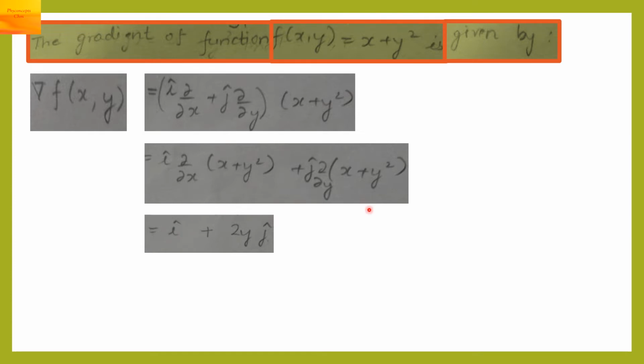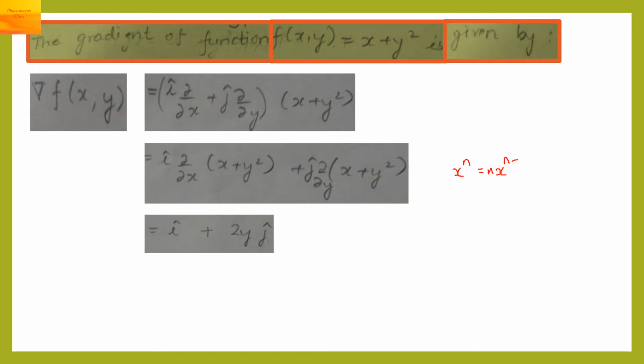We are using the formula of differentiation where we differentiate x raised to n. This is the formula: the derivative is n, the power of x, into x raised to n minus 1.